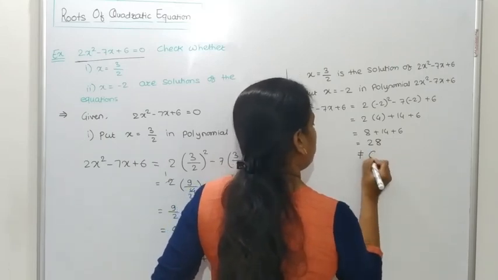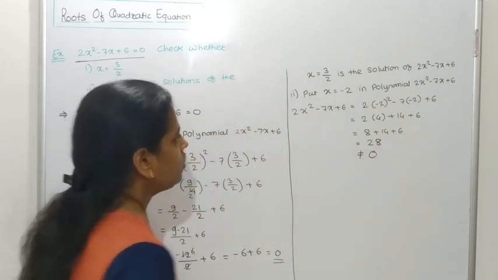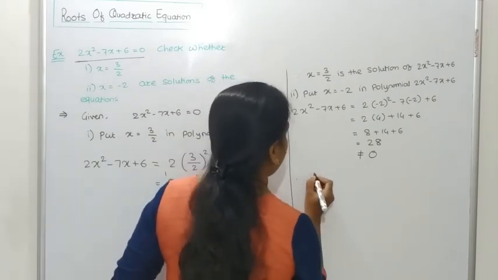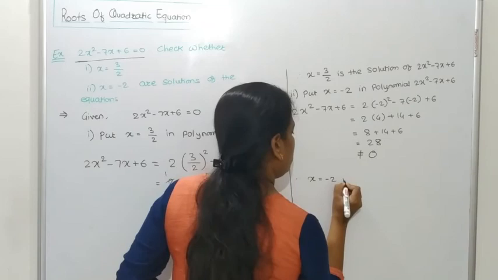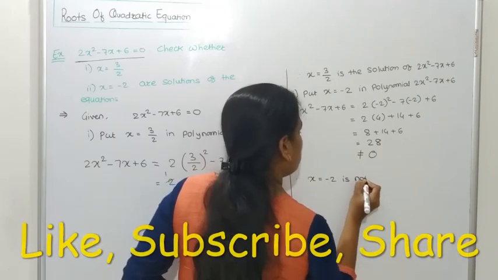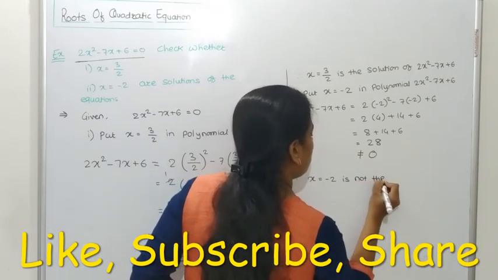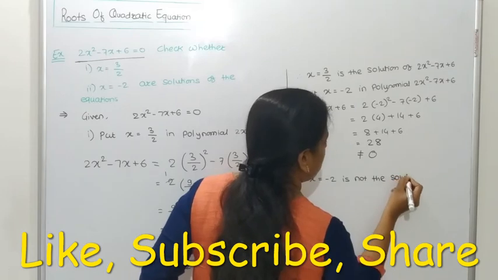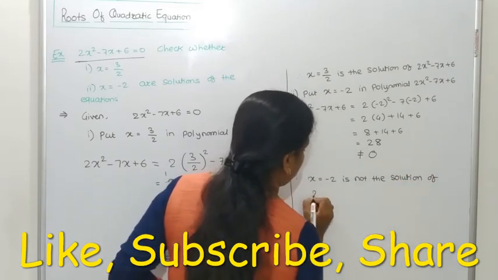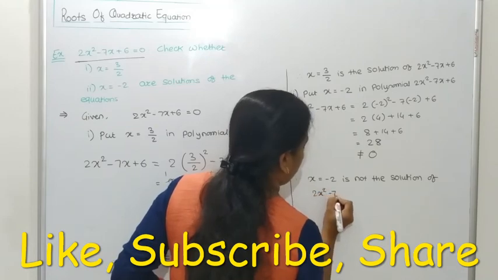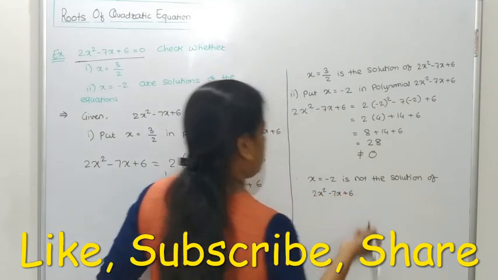Therefore we can write that x is equal to minus 2 is not the solution of 2x square minus 7x plus 6.